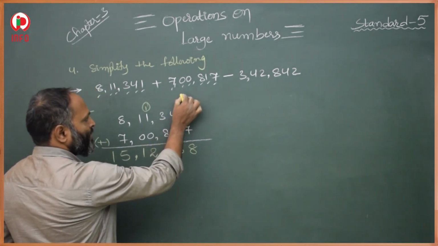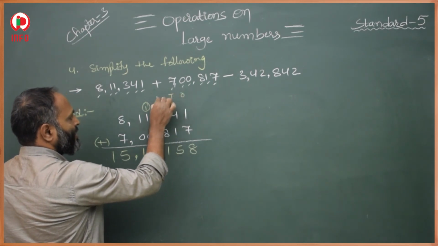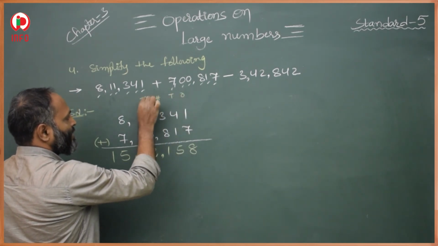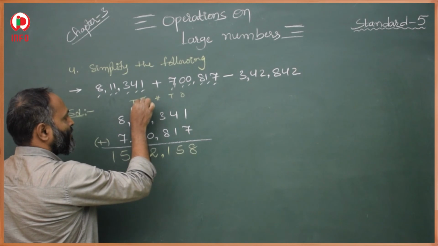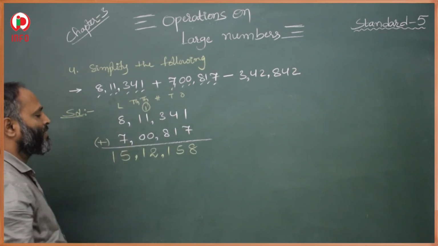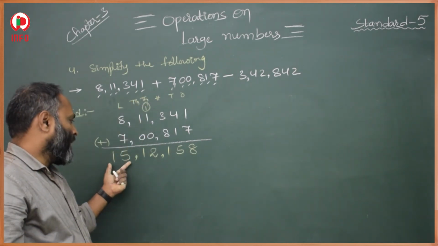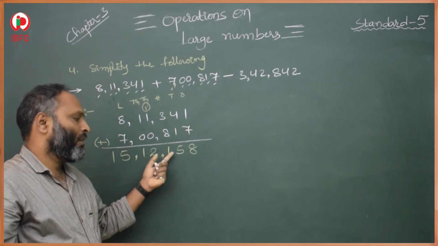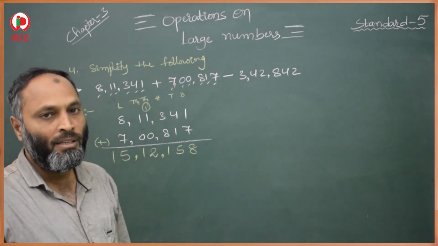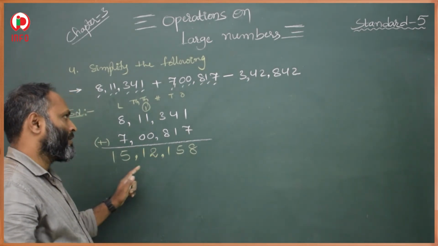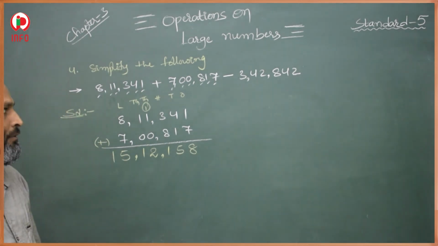This is ones place, tens place, hundreds place, thousands, 10,000s, lakhs place. 15 lakhs 12,158. This is our answer, this is our sum.